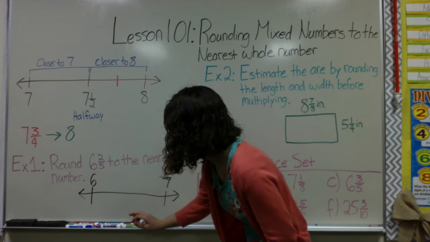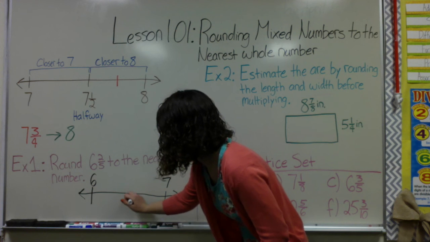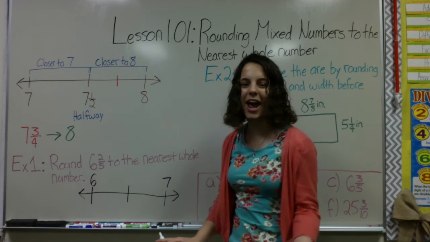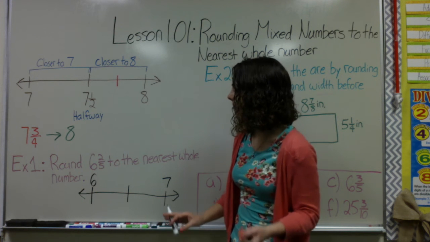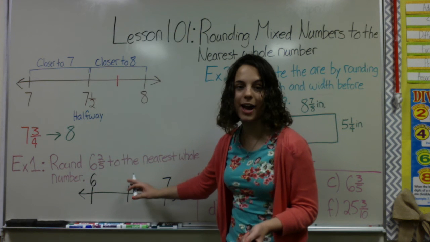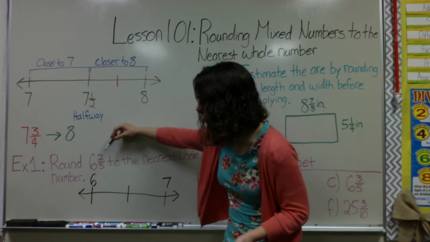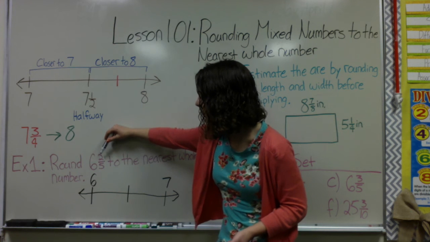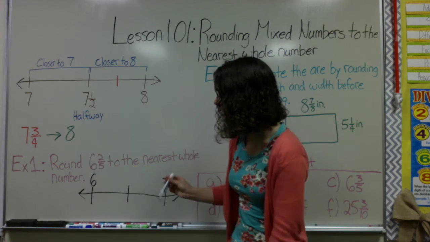So 6 2/5, my denominator is 5, so really half of 5 is 2.5. I can't even really write that as a fraction, but I know that 2 is smaller than half of 5 because if I have 2 plus 2, I only get 4. I'm not at 5 yet, my denominator.